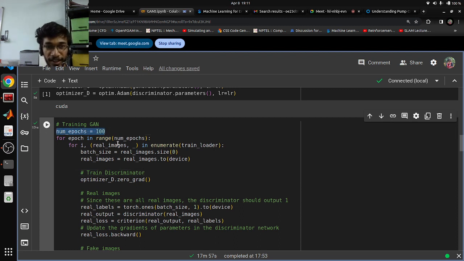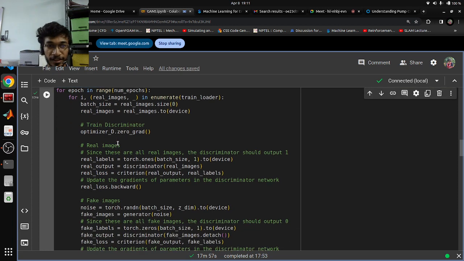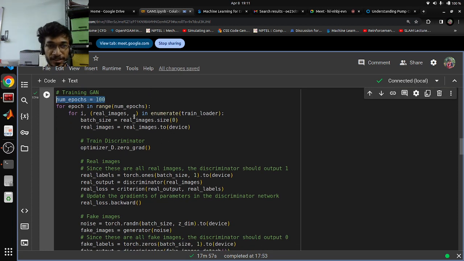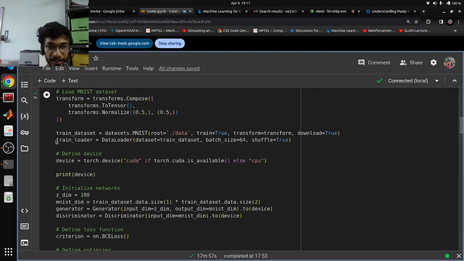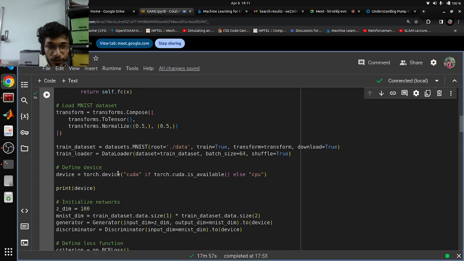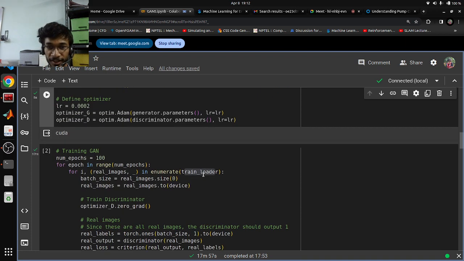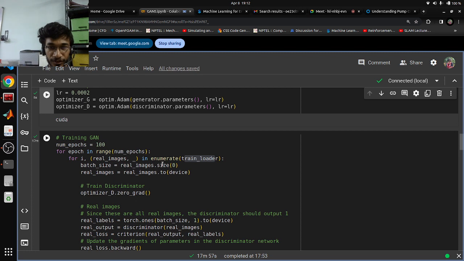We are training it for 100 epochs. From our data set, the train loader, which is the thing we defined above, picks out from the total data set 64 images of digits at a time, and those are fed for training.